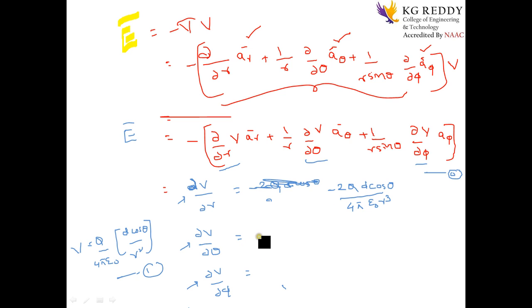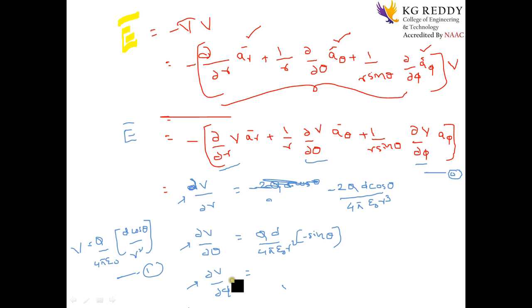In the same way, for dou V by dou theta, after doing the partial derivative you will be getting q d by 4 pi epsilon naught r square into minus sin theta.